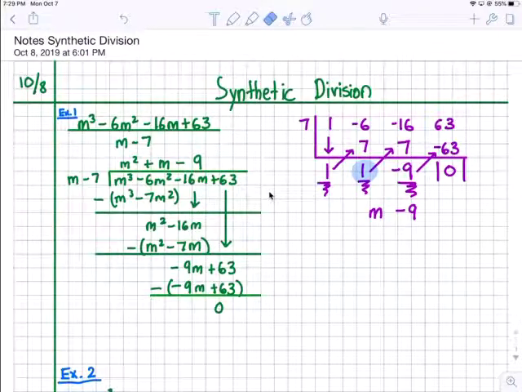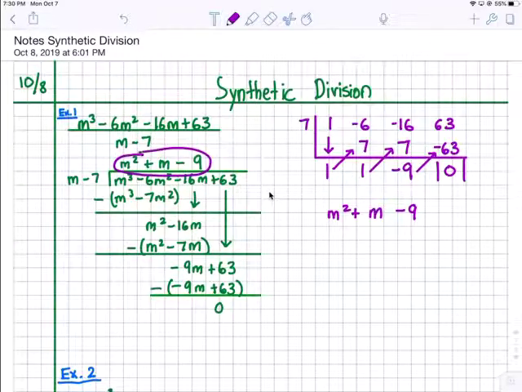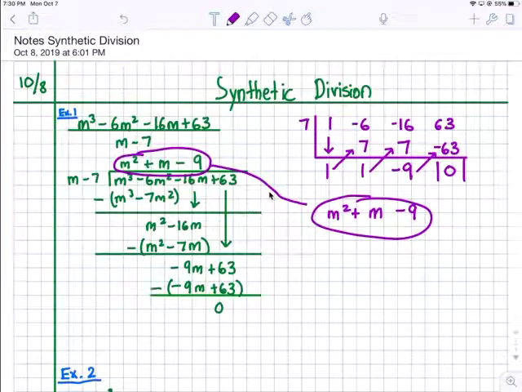The next one is a degree of 2, so m squared. And we are done. So notice, m squared plus m minus 9. And that's how you do synthetic division, okay?